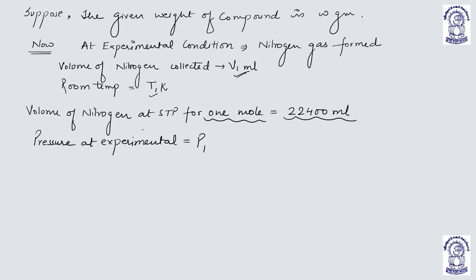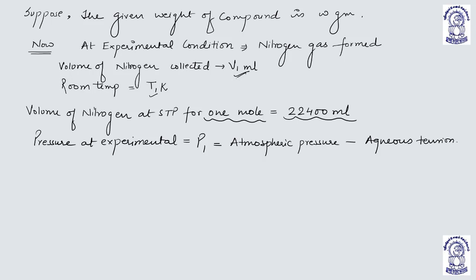Now, this P1 is equivalent to atmospheric pressure minus aqueous tension. What is aqueous tension? In simpler words, aqueous tension is the pressure exerted by the water vapors. At room temperature, the amount of pressure exerted by water vapors is aqueous tension.